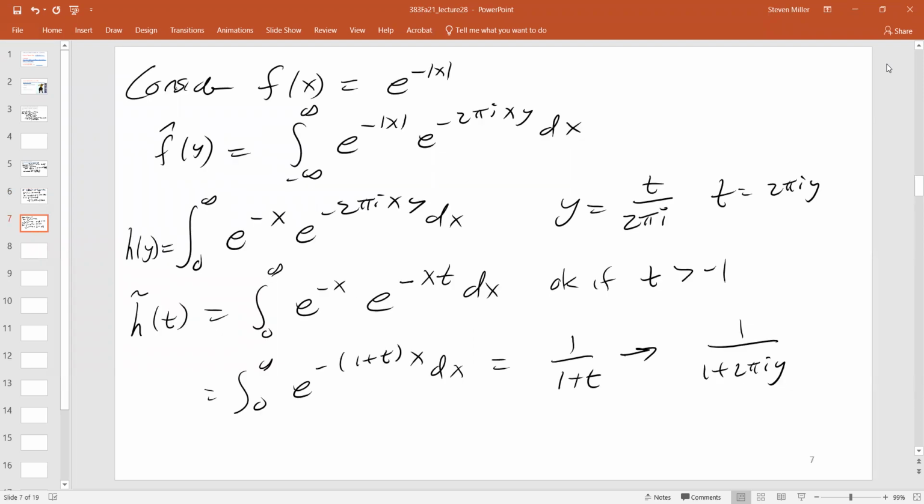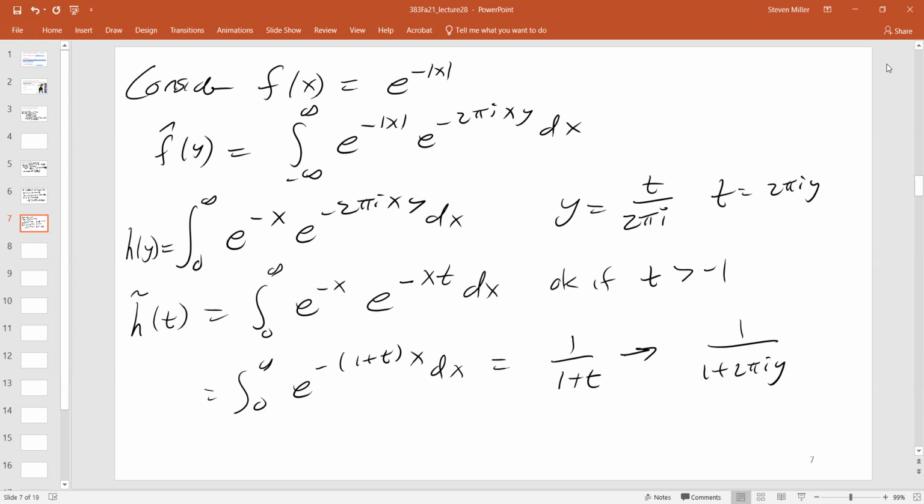It would just be y equals a real number divided by 2 pi I. So why is this a pure imaginary? Because for all those values, they're equal. Right? We just showed if we take y to be a pure imaginary number, then this integral makes sense as long as t is greater than -1.